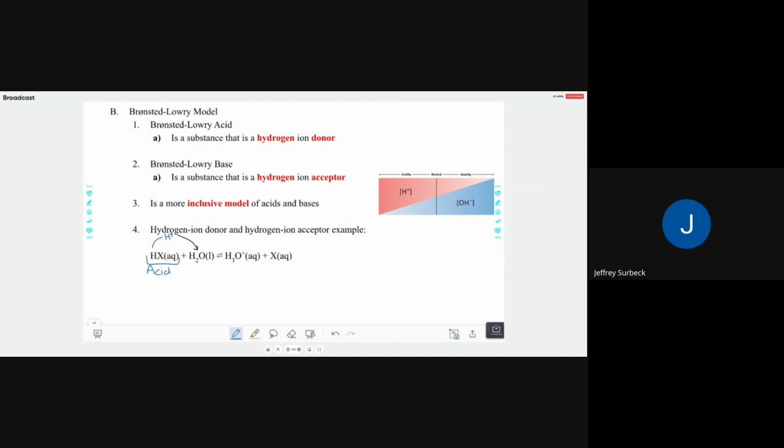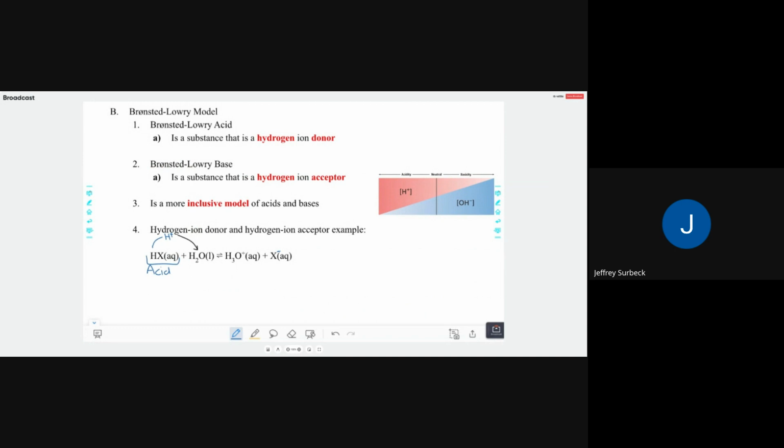So now it's not H2O, but now it's H3O plus. Now remember, H3O plus is what we would call our H plus. And this X actually should have a negative sign there. What happens is that we form H plus and we form that X minus. So that H from the acid gets donated.